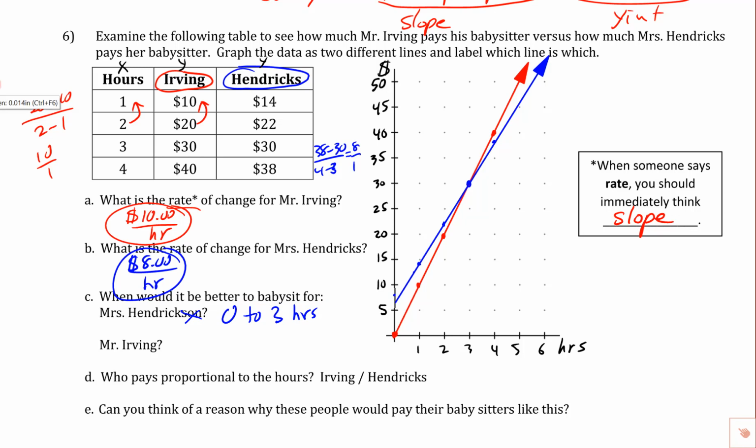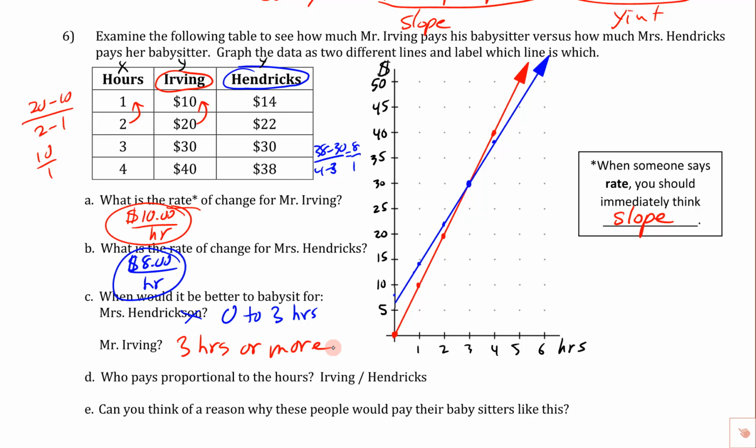And Mr. Irving pays less at the beginning, but once we get to 3 hours, he pays the same. And then more than 3 hours, and notice that these lines go on. Maybe they have us work all day or something like that. So once we get past 3 hours, it would be better to work for Mr. Irving. 3 hours or more, okay?